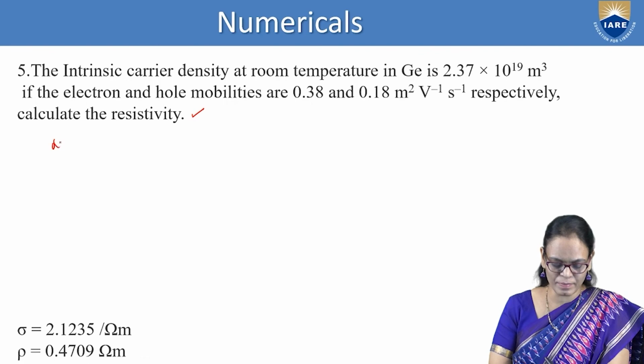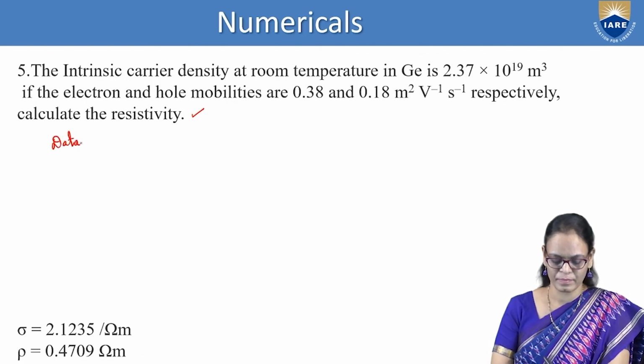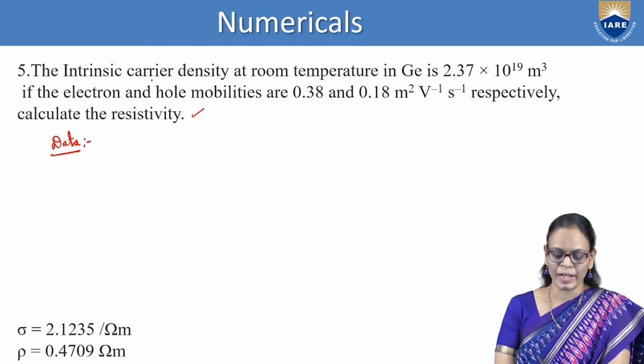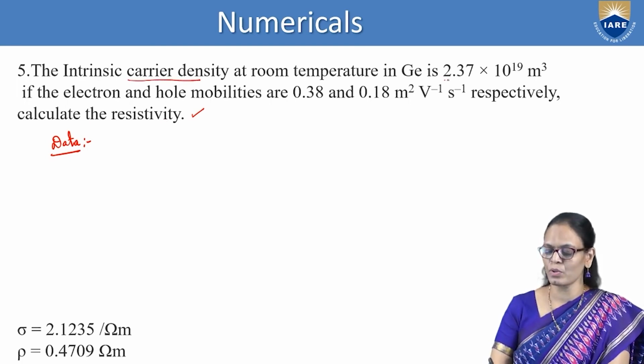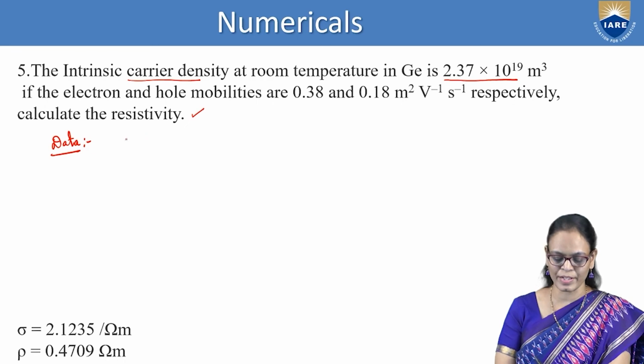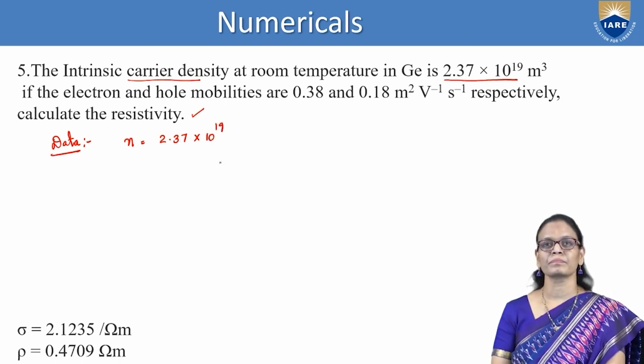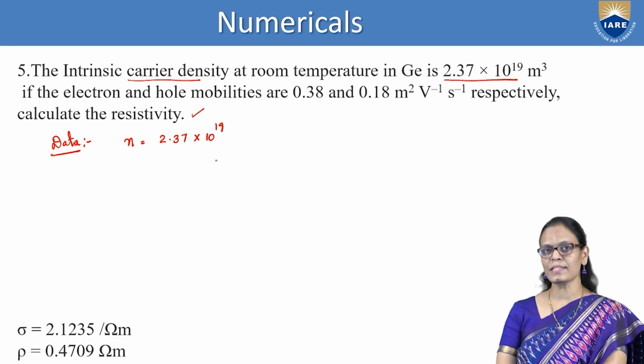So write the data. Carrier density is given 2.37 into 10 power 19. So N is equal to 2.37 into 10 power 19. Then the mobilities are given.